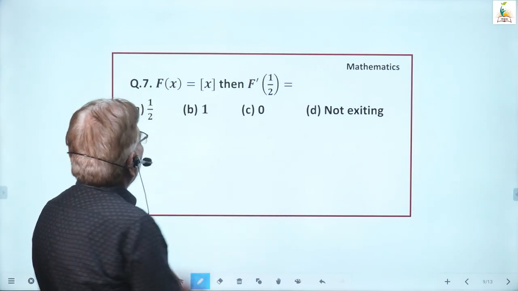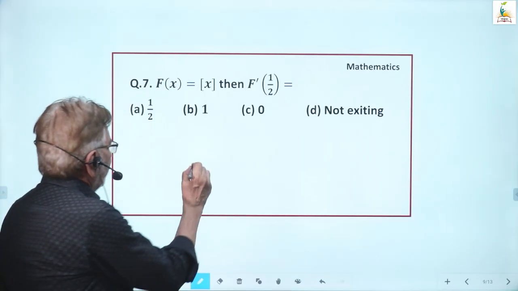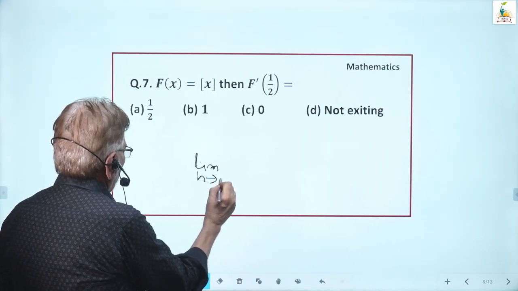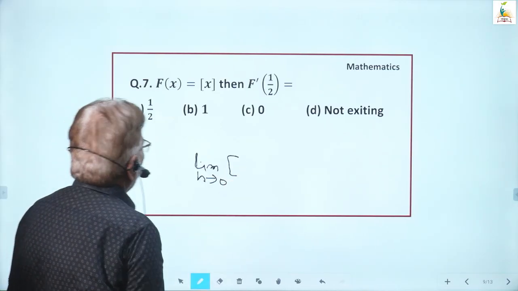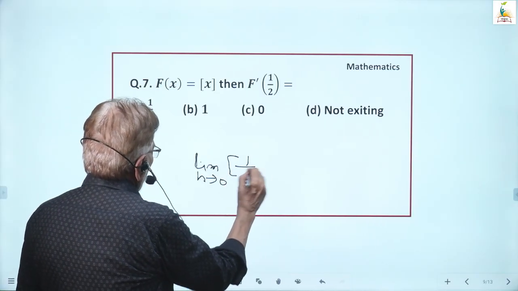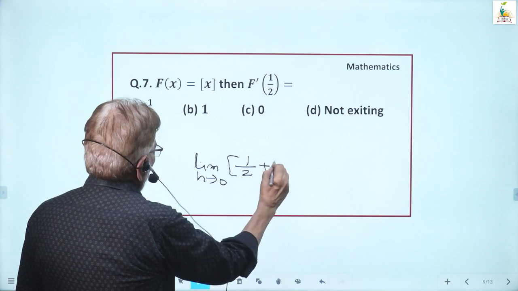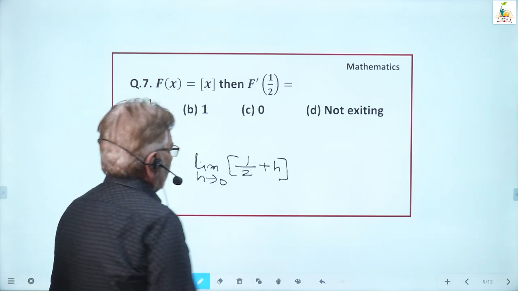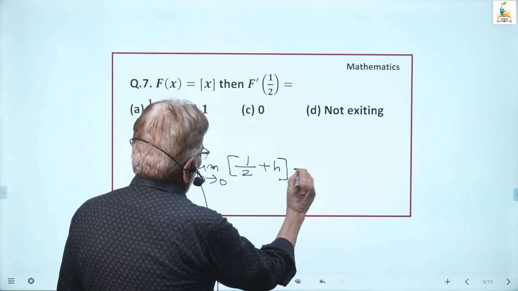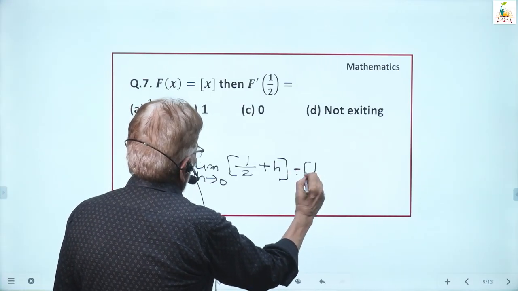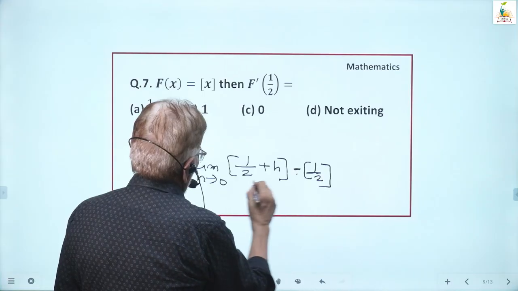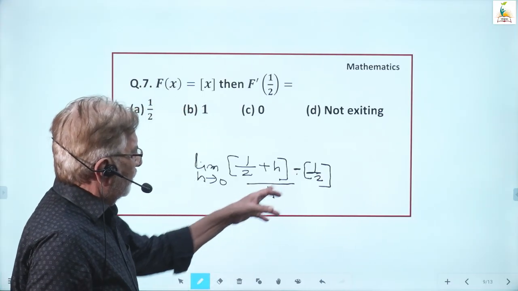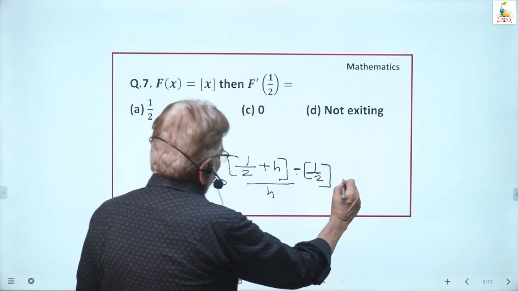See it again. Limit h tends to 0, f of half plus h minus greatest integer half. This will go to 0, 0 upon something, this will be 0.